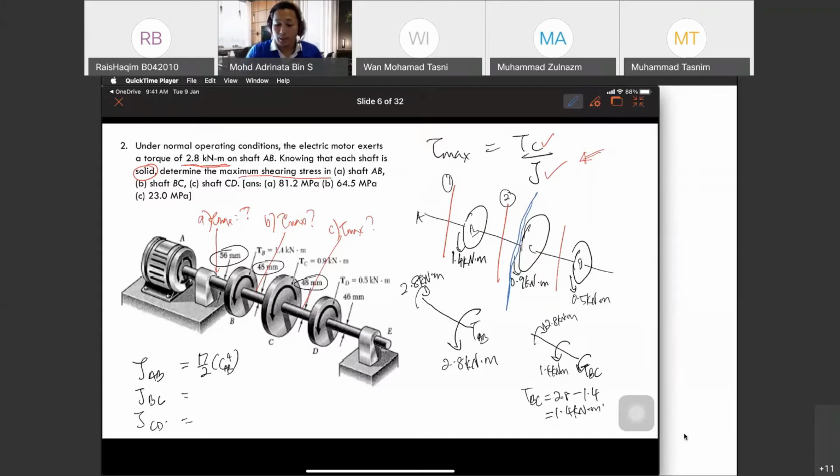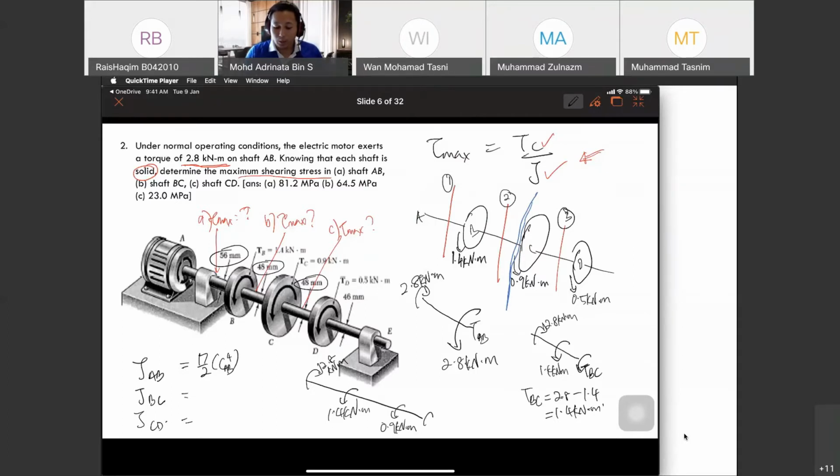Okay, next. Kita ada bar CD. So the third one, kita cut dekat situ. So kita akan ada, mana saya nak lukis? Kat sini lah. Okay. So kita ada 2.8 kilonewton meter. Kita ada 1.4 kilonewton meter. Dan kita ada 0.9 kilonewton meter. Okay.